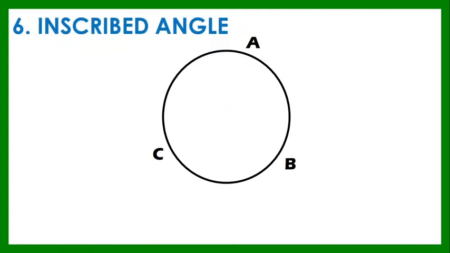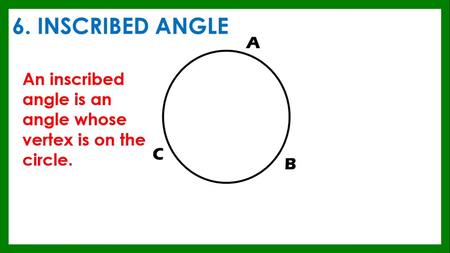Number 6 is what we call an inscribed angle. An inscribed angle is an angle whose vertex is on the circle. Let's say point A, point B, and point C. You connect point A and B, so we have a chord, line segment AB.